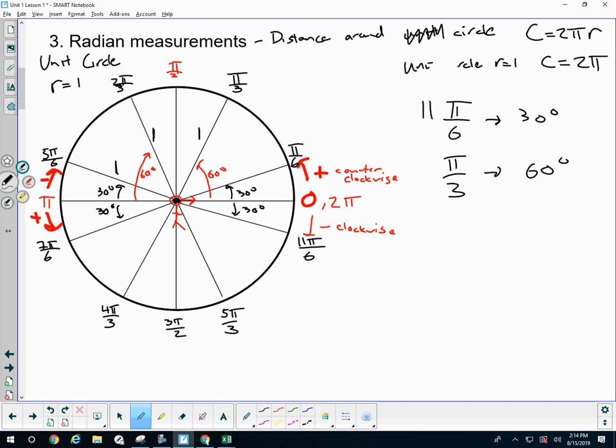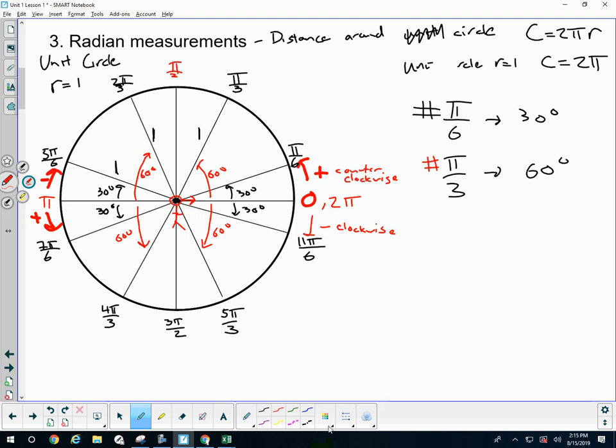I'm going to say any pi over 6 creates a 30-degree angle. It's not just these two pi over 3s. All of my pi over 3s create a 60-degree angle with my x-axis. So any pi over 3 gives me a 60-degree angle.